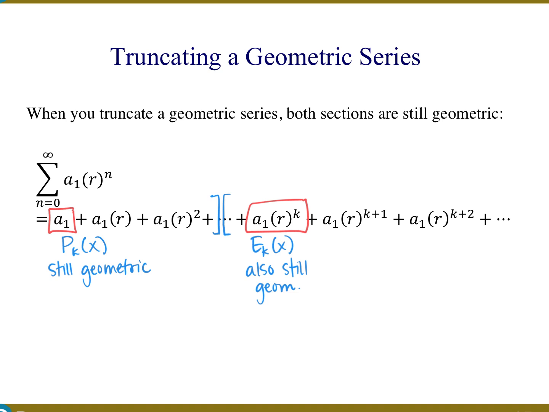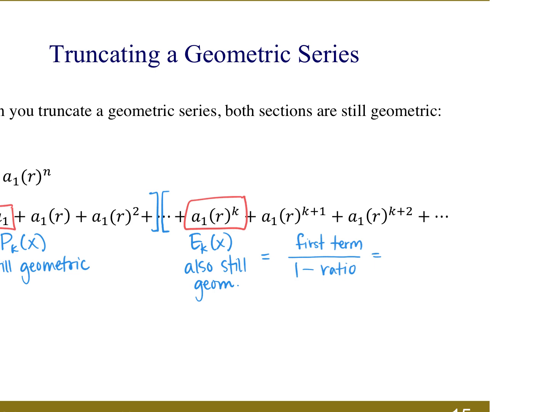So the formula for that still follows your summation formula for geometric terms, where the first term goes here and 1 minus the ratio goes here. So in this case, the first term is the one that starts the error, and then 1 minus r.